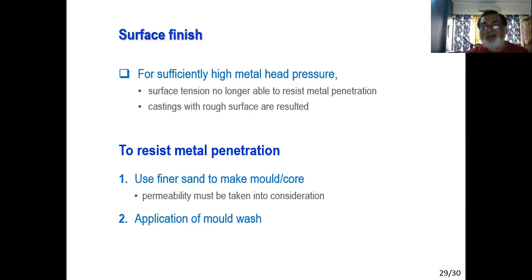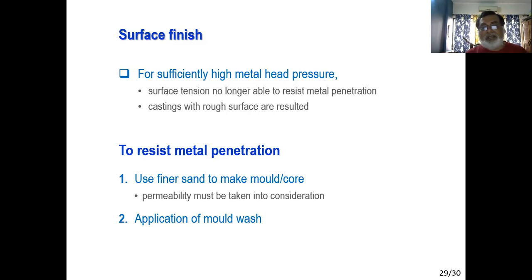And how can we reduce the term? We can use finer sand so that the space between the sand grains becomes finer, and liquid metal cannot enter those spaces. But it is an obvious problem, because if we reduce the size of the sand, permeability will decrease. You know, you have a test to measure the permeability of green sand.